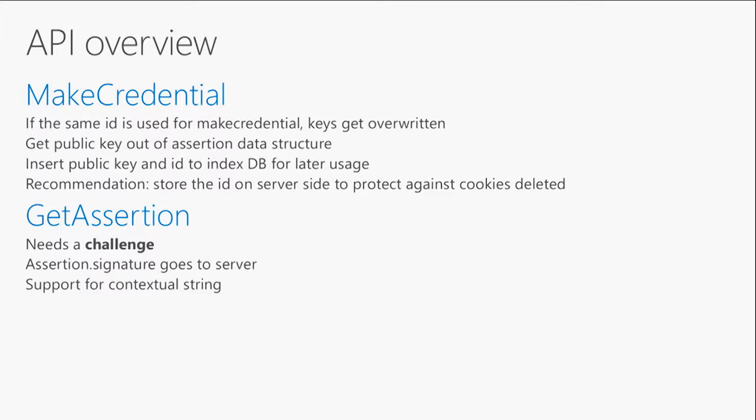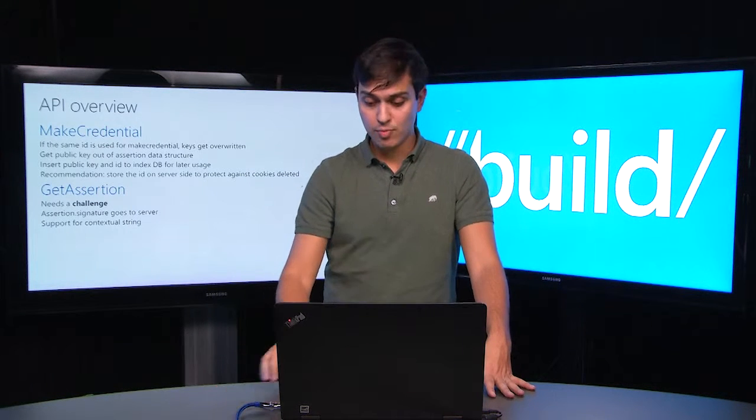And as I mentioned, you can either put the ID in the IndexedDB, but we recommend that you actually store it on the server, so if the user deletes their cookies, the keys are not gone. And when it comes to get assertion, you need a challenge or a nonce, and the output is the assertion, the signature that goes to the server, and remember you can specify a custom or contextual string as part of that signature.